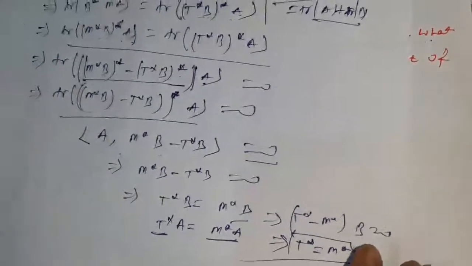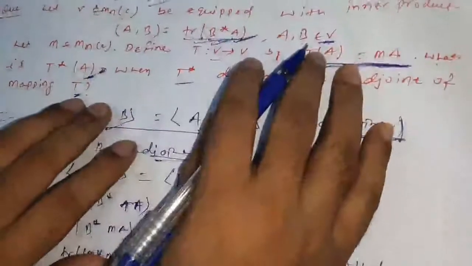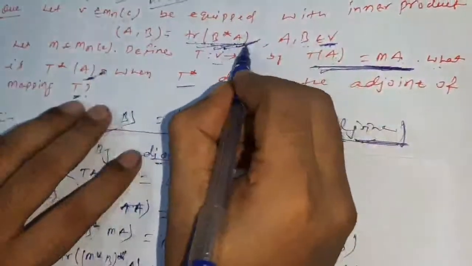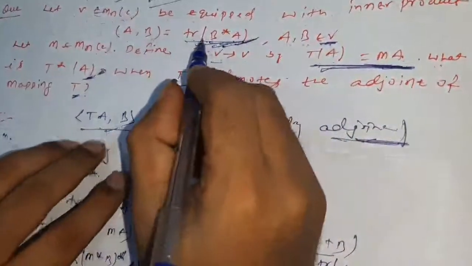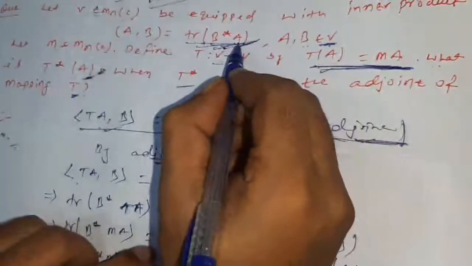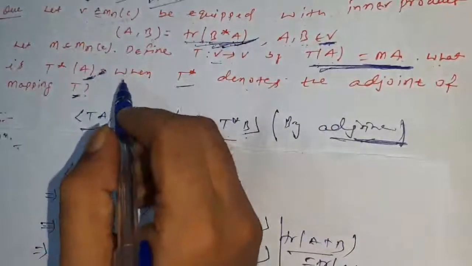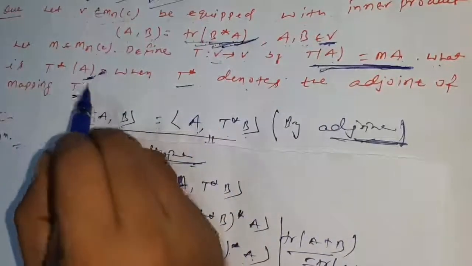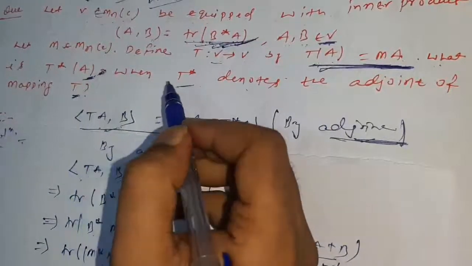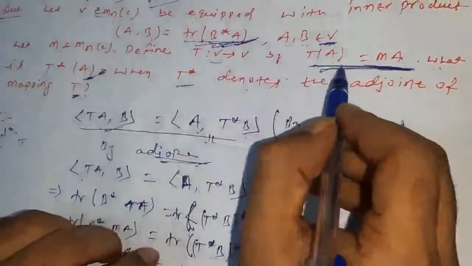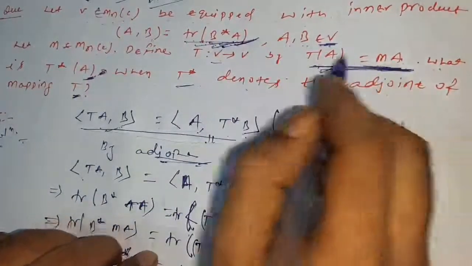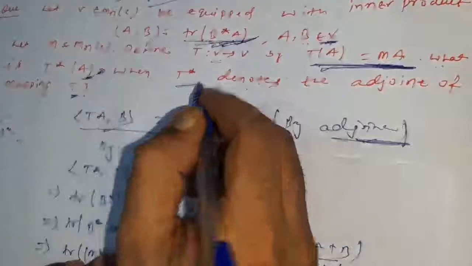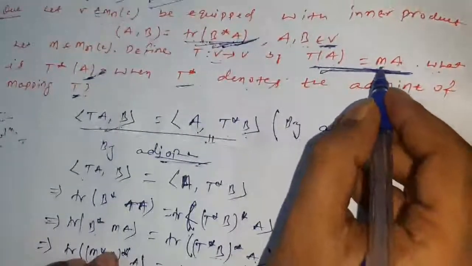So now what is the conclusion? If a question is given like this, where the inner product of A, B is the trace of B star A, and we have to ask about the value of T star A, and T(A) is given like this, you can directly use T star A as M star A, where M is the matrix here.